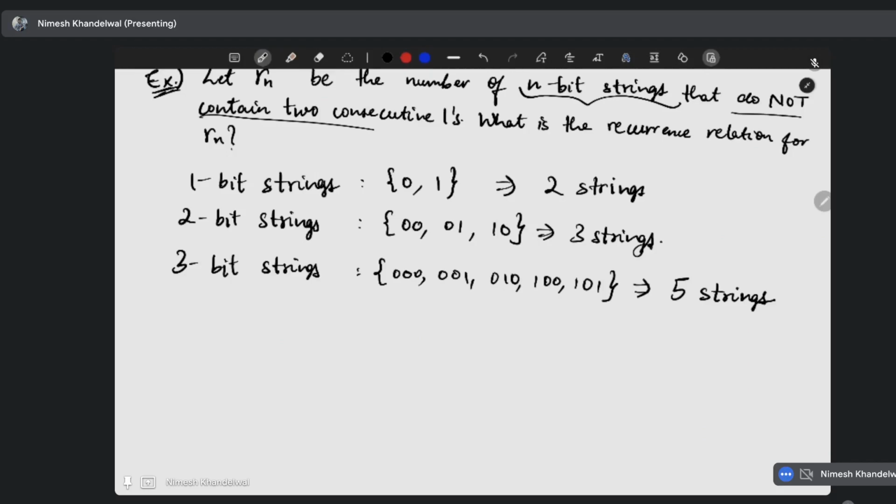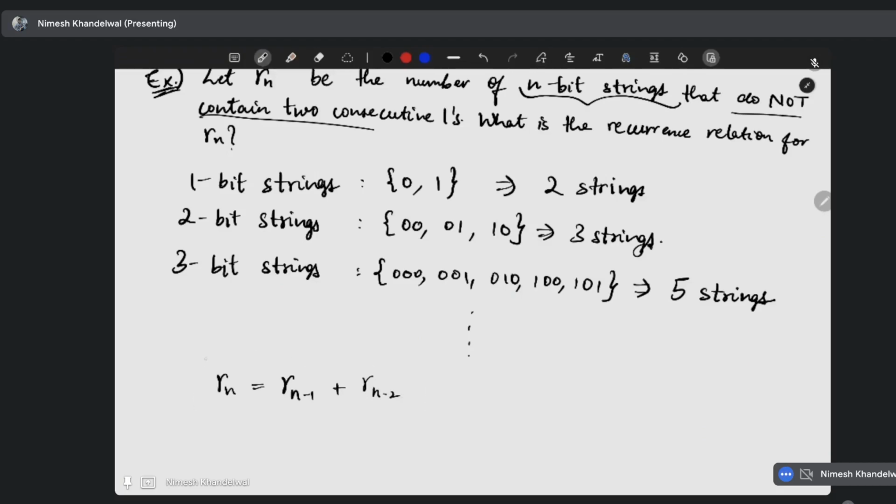Right, and if we keep on writing like this, we'll see that this follows the Fibonacci pattern, right? So basically the number of strings for n-bit strings is the number of strings for n-1 bit strings plus the number of strings for n-2 bit strings, right?